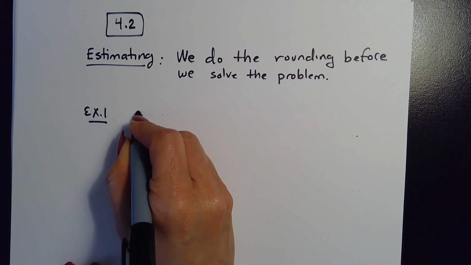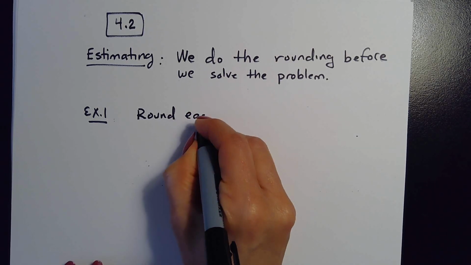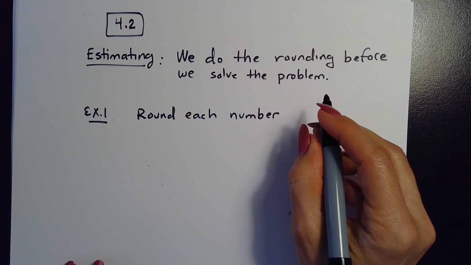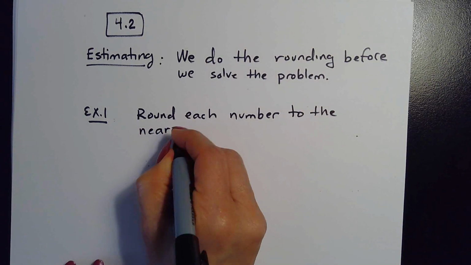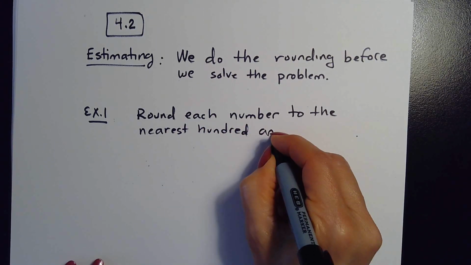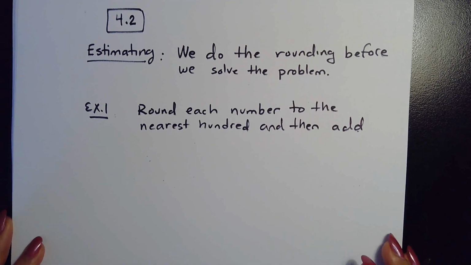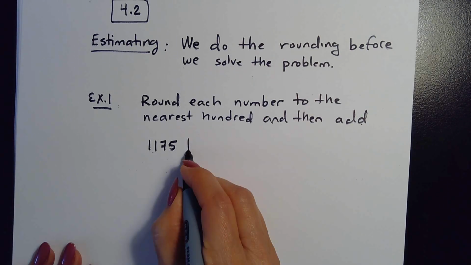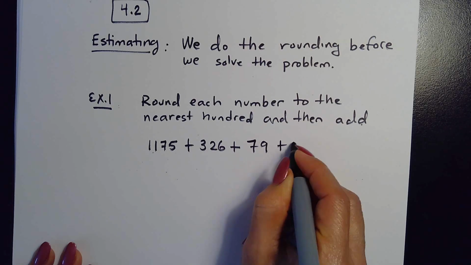First, round each number to the nearest 100 and then add. So what are the numbers given? We have 1,175 plus 326 plus 79 plus 5.